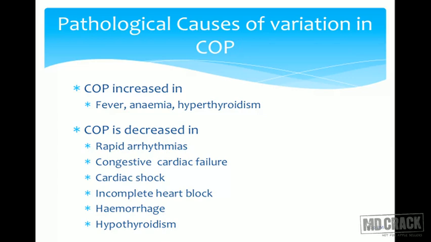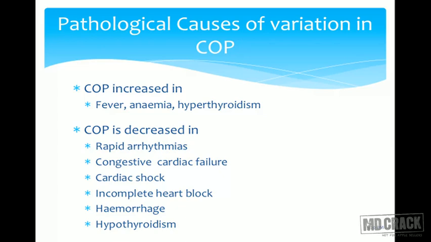In hyperthyroidism, thyroid hormones stimulate the heart, and because of more metabolism and more action of the SA node, the heart rate and the force of contraction are going to increase and the cardiac output will increase. Cardiac output will decrease in rapid arrhythmias.